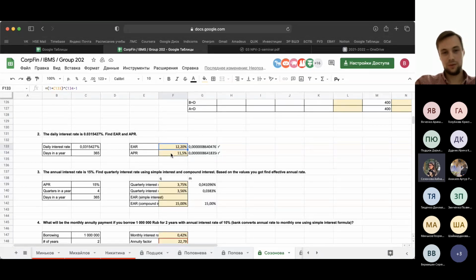Let's discuss what is at the core of this difference. They're different in the way of computation, because for the effective rate we're using the compound interest. If you invest $100 at this daily interest rate and your interest income will be capitalized, you are going to have this return in a year. And if your income won't be capitalized, so you can withdraw it, for example, from the account, you will have this rate of return in a year.